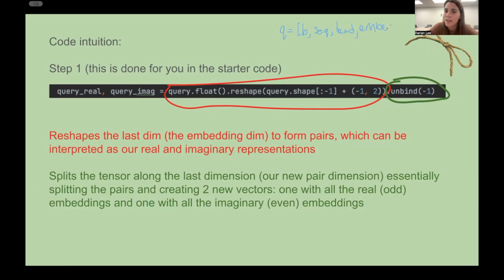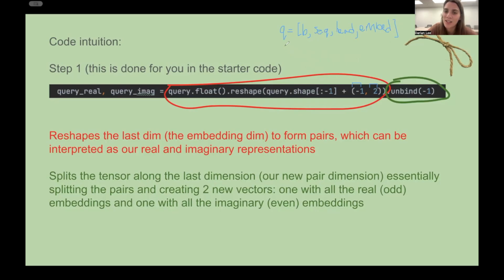So what this is doing is taking the last part of the shape, which is our embedding dim, and reshaping it into pairs, which is represented by this -1, which means change this dimension in whatever way you see fit, then this 2, which means make it into pairs.